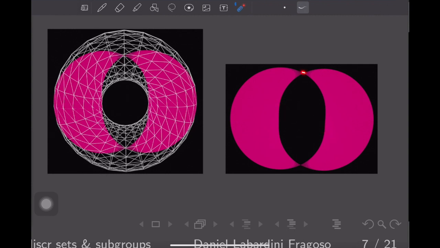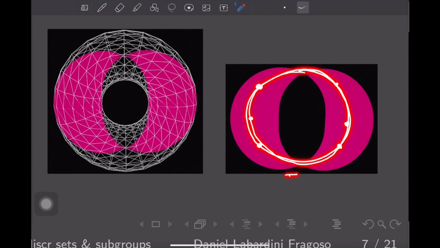So here you can also see this twofold cover of the circle by itself. You have to identify those points, and the way to identify is just to take this circle to itself by z goes to z square.